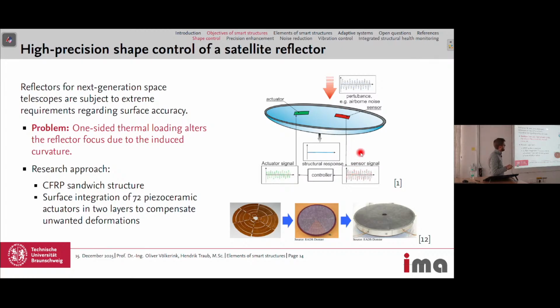And due to the sensor signal, the controller tries to get a structural response without the perturbance. And here below you can see the different elements of this satellite reflector. Here are the piezoceramic transducers, which are then integrated into the reflector structure, and thereof the whole system is made.